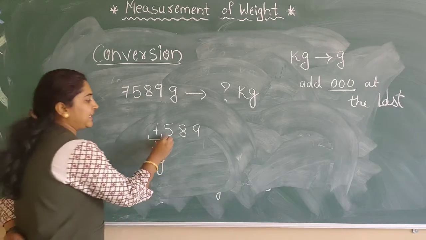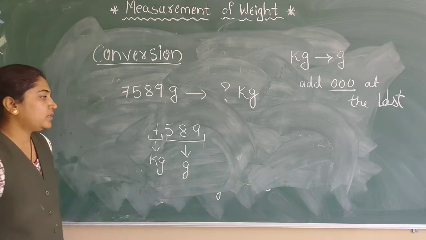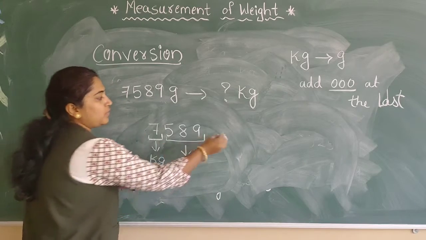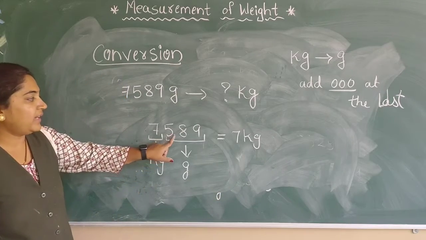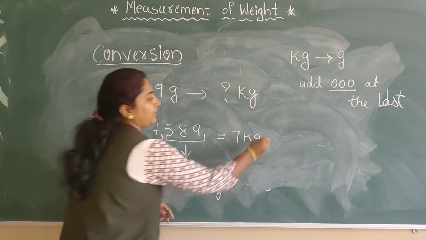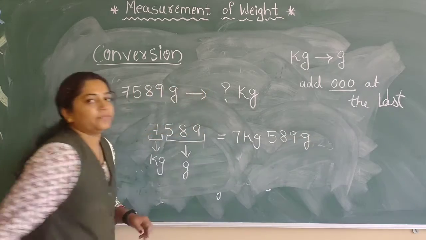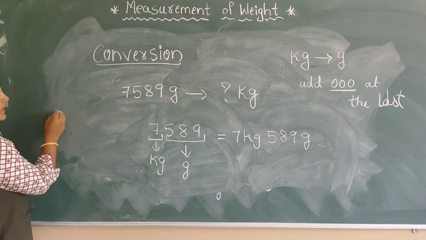And the remaining 3 numbers are gram. So how will I write it down? First number is kg. So 7 kg 589 gram. Okay? Understood?